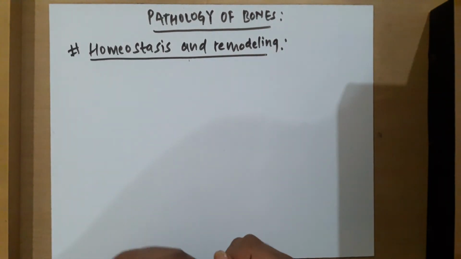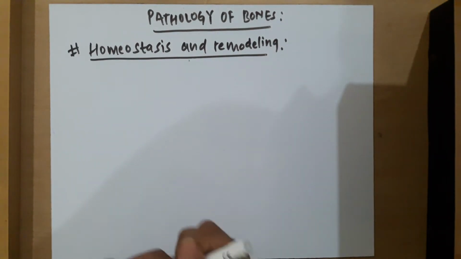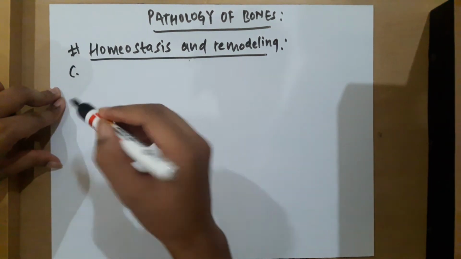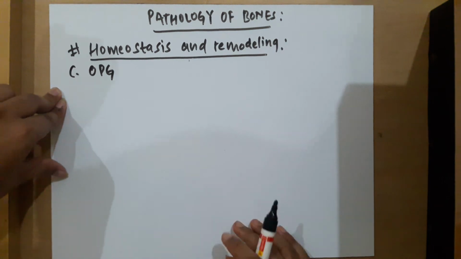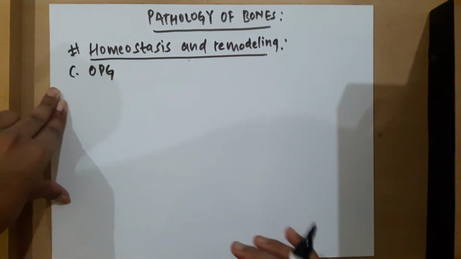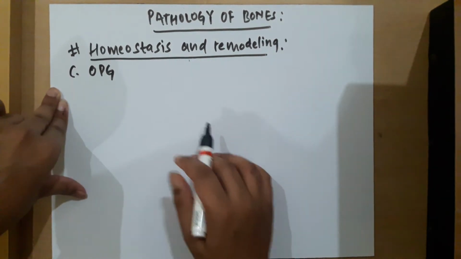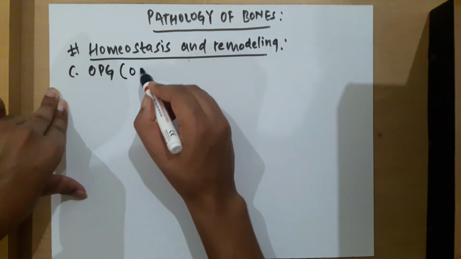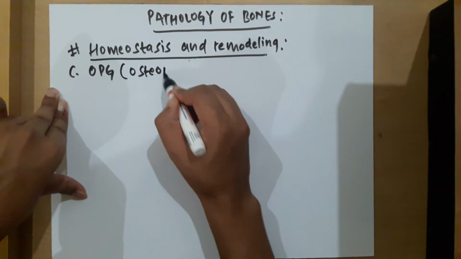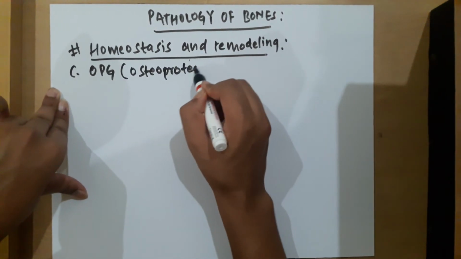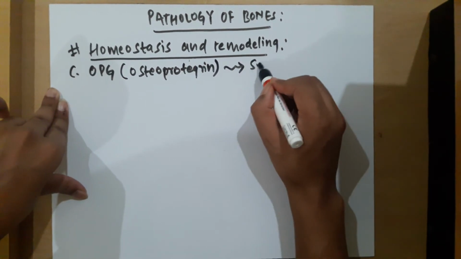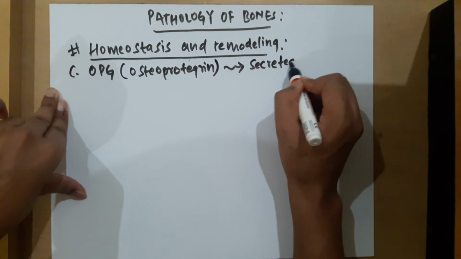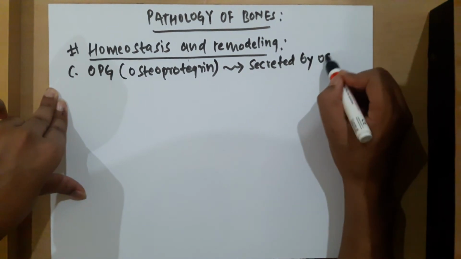We discussed the two factors, RANK and RANK ligand. Now we should discuss the OPG, the third factor involved in the signaling pathway of remodeling, OPG or osteoprotegerin. This osteoprotegerin is secreted by osteoblasts.